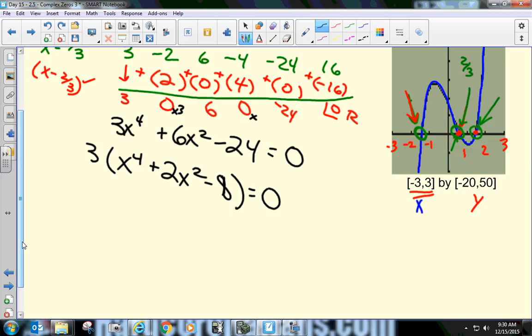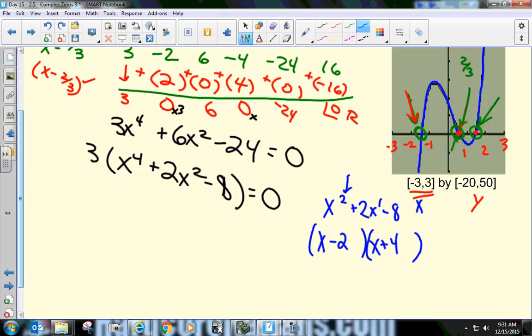Let's look over here for one second. Let's say that was x squared plus 2x minus 8. What would that be? x minus 2 and x plus 4, right? Do you want to know why?